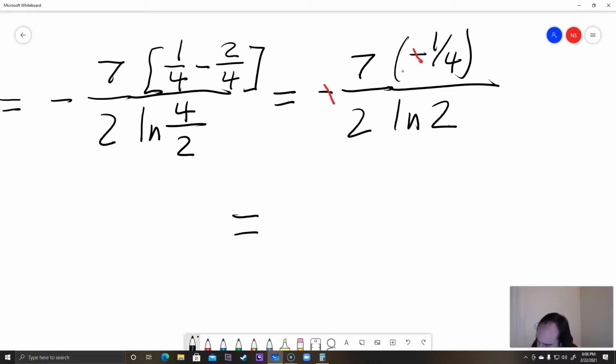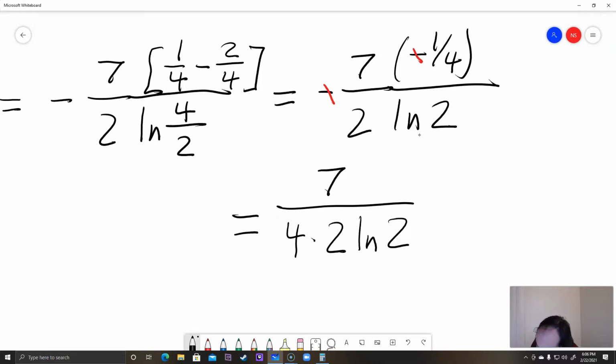In the numerator, we're going to have 7. In the denominator, if I move this 1/4 down here, we're going to have 4 times 2 ln of 2, and 4 times 2 is actually 8. So we have 7 over 8 ln of 2.